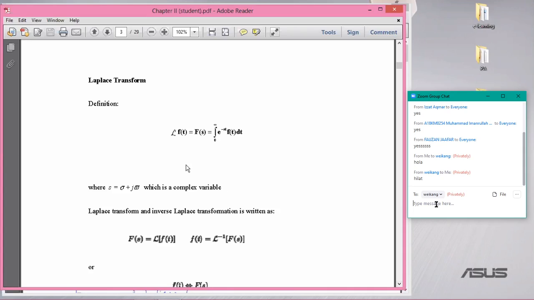But in general, you can take the Laplace transform of any time domain function f of t. The small f normally denotes the function in time domain. You transform that into the Laplace domain, normally represented by a capital F of s, by taking the integral of e to the power of negative st multiplied by the function, dt. So this is the definition of Laplace transformation.